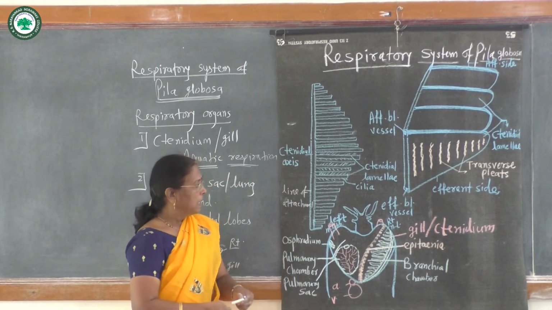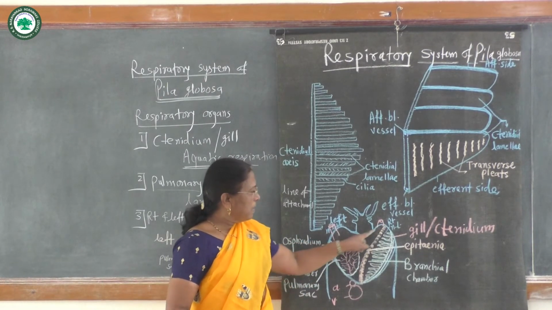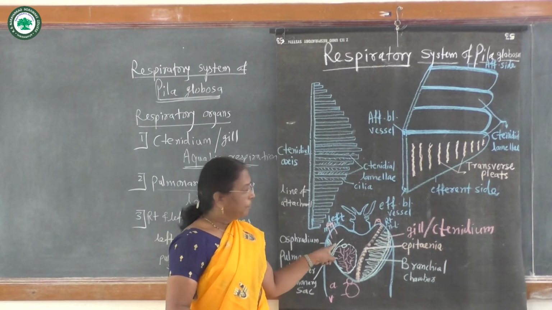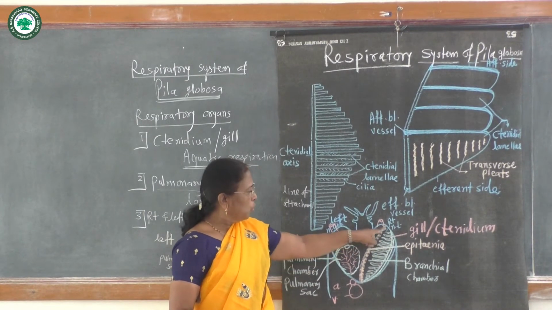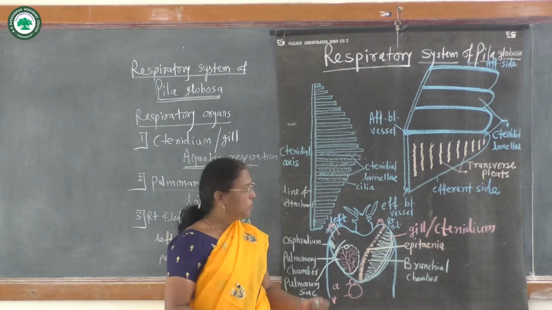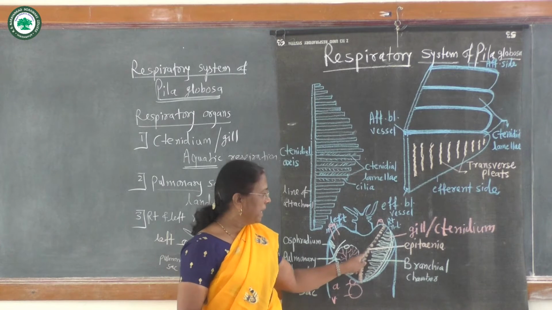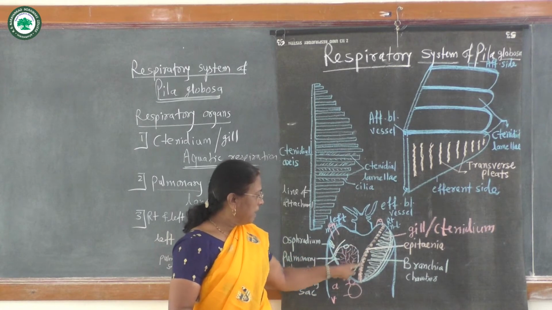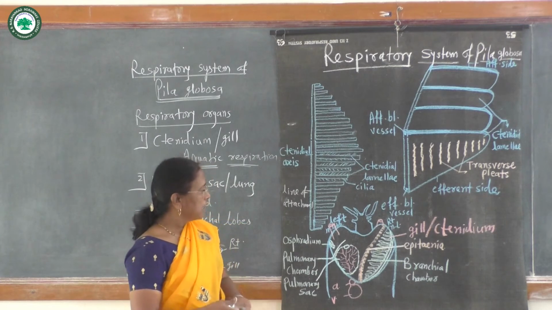This is the mantle cavity of the body. The mantle cavity is divided into two unequal lobes or chambers due to the presence of an epithelium. This epithelium we have seen in the external characters.